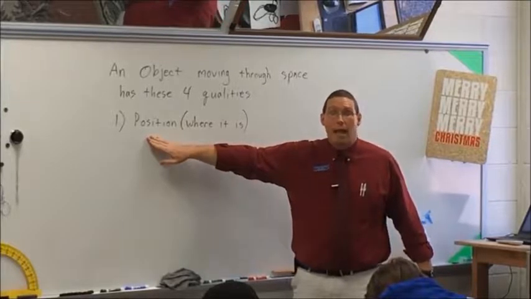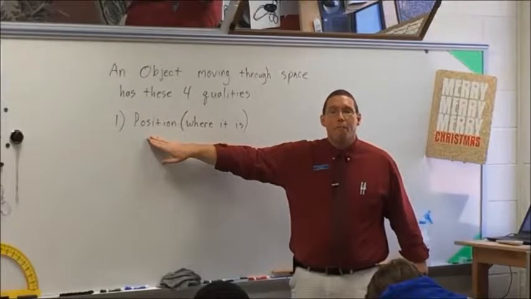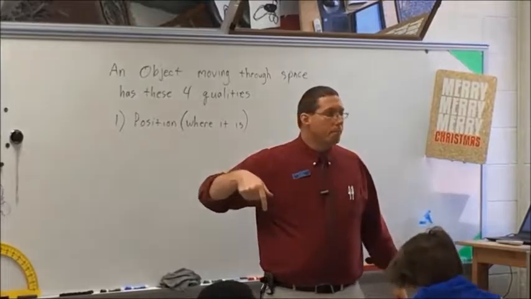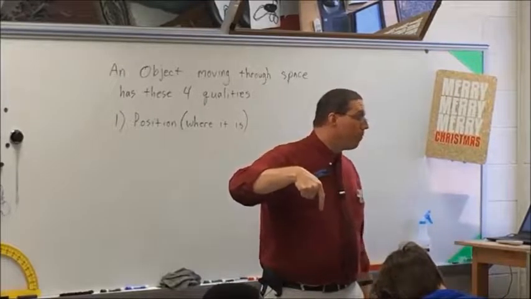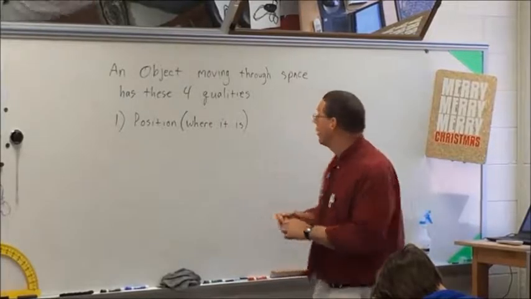It doesn't stay in that position all the time, but it has a position. And if it moves from that position, guess what? It has a new position. But it always has a position.